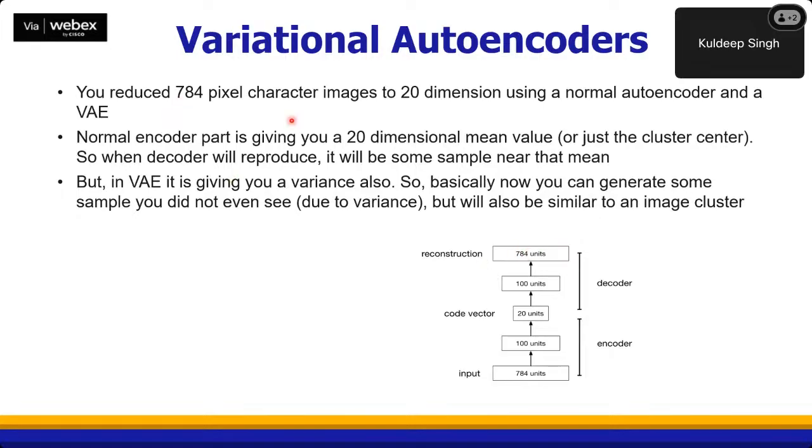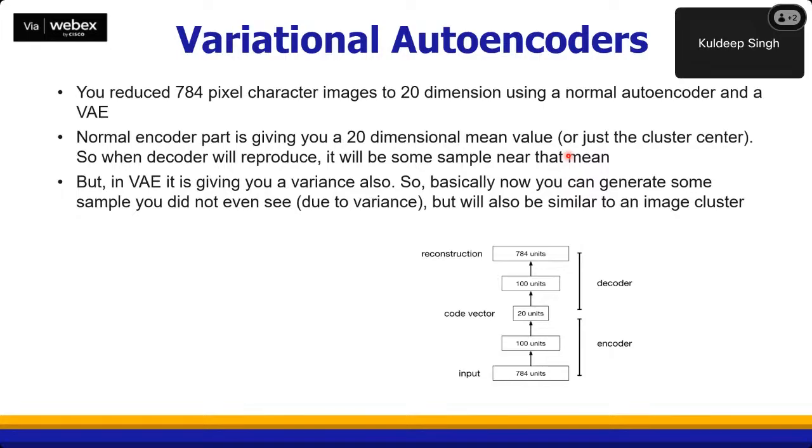So basically, you reduce this 784-pixel image to 20 dimensions using a normal autoencoder or variational autoencoder. Now, this normal encoder part is giving you a 20-dimensional mean value, or just the center of the cluster. And so when you decode or reconstruct, your decoder tries to reproduce that input data, it will be the same sample near that mean.